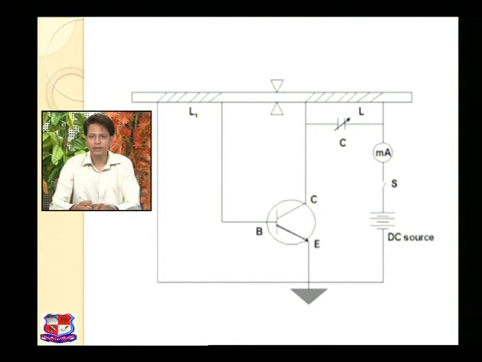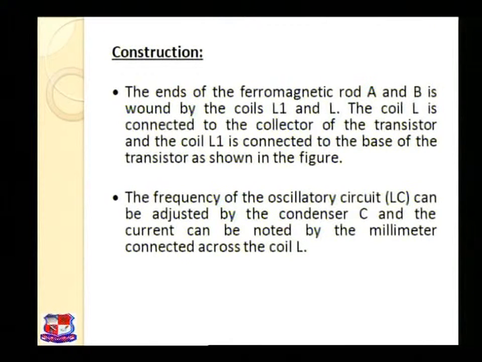The L and C parallel combination is fed to the collector of the transistor, and one end of the coil L1 is fed to the base, and the other end of coil L1 is fed back to the negative of the battery, or to the common. So this is the construction of this circuit. Now let us move to the next slide.